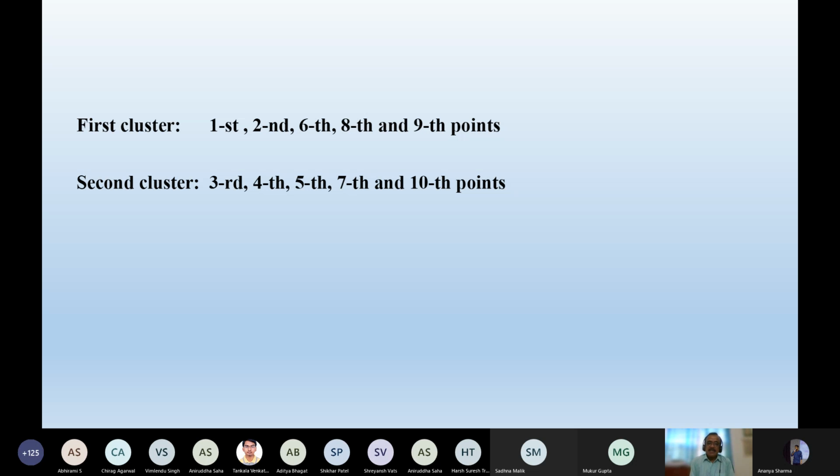In the next class, I'll be discussing another algorithm and try to use it on the same data points, and I'll show you how to find the clusters. But as I told you, there will be a significant difference between the clusters you got using the fuzzy K-means algorithm and the clusters you'll get using the second algorithm. Those things I'll be discussing in the next class.